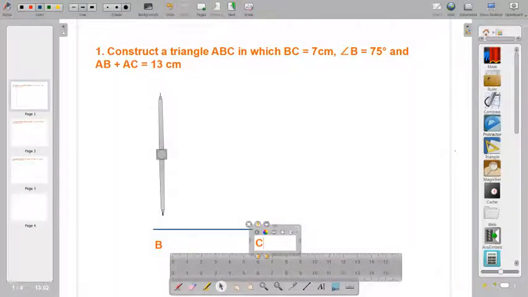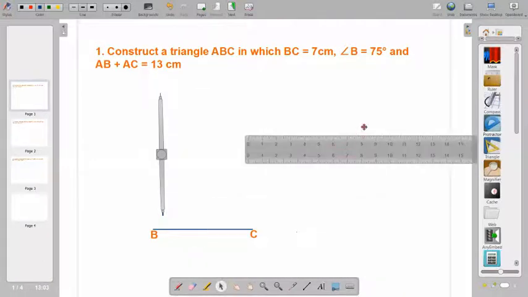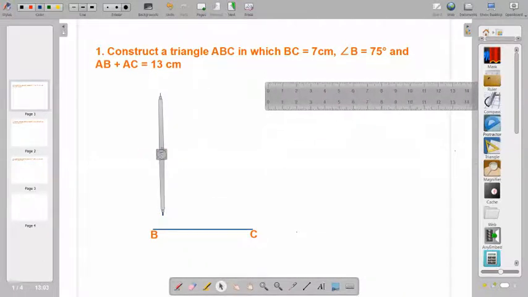Now let us go for construction of angle B. How much is it given? 75 degrees. You can observe here the angle to construct is 75 degrees. So we will use the compass only. By using the compass, we construct a 75 degrees angle.